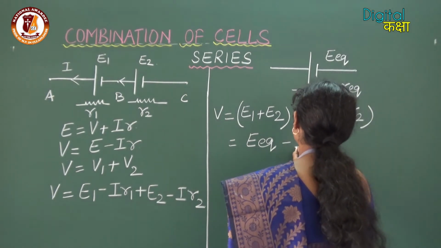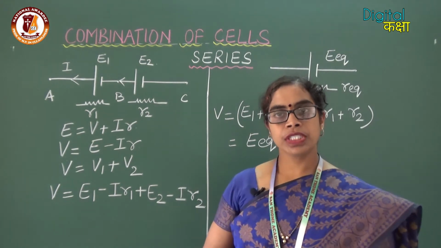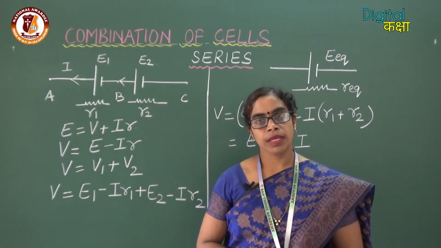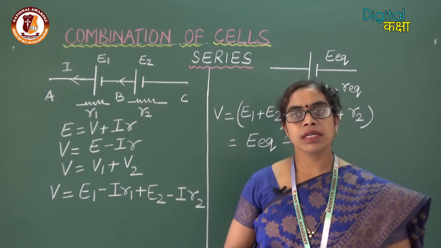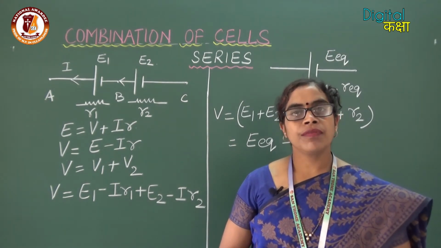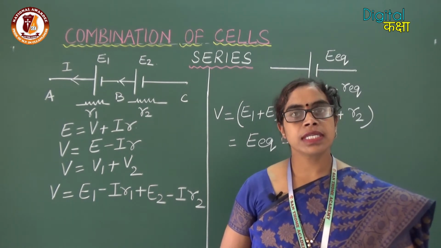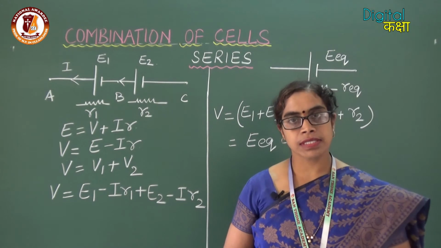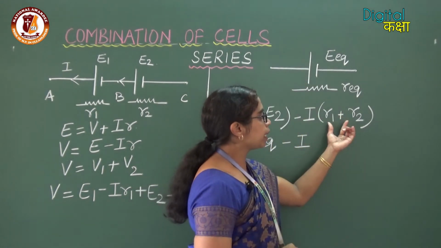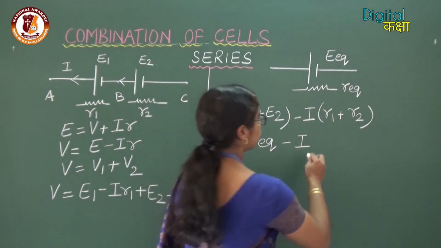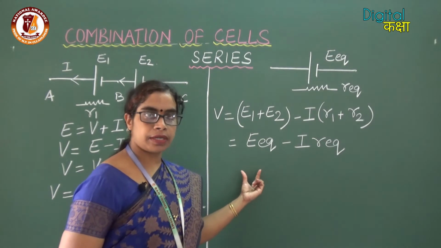Also, minus I into R1 plus R2, where we already know that in the series combination of the resistors, the equivalent resistance is the sum of the resistances of all the resistors. So using that concept here, in place of R1 plus R2, I can write R equivalent.